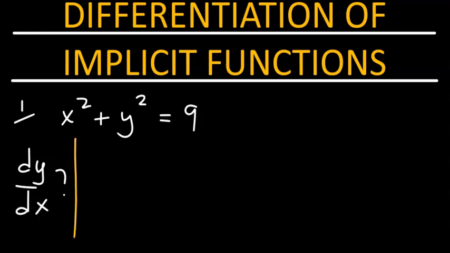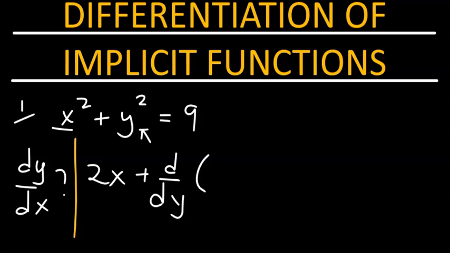How do we do it? Let's take the derivative of all the terms in this equation one by one with respect to x. When you take the derivative of x squared with respect to x, that will give you 2x. The second term, how do you take the derivative of y squared with respect to x? To do that, we use the chain rule method.